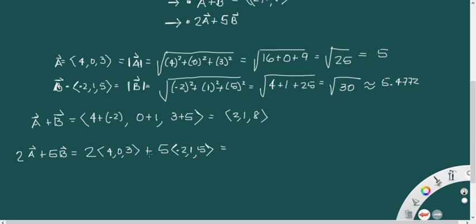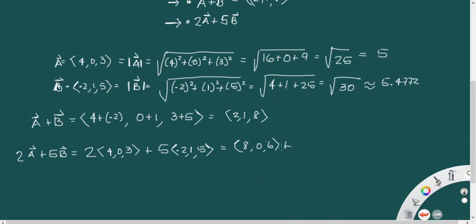Okay, if we do the multiplication, 2 times 4 equals 8. 2 times 0 is 0, and 2 times 3 equals 6. So this is the first one.